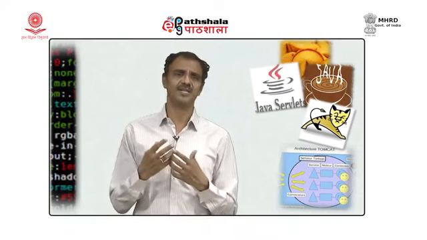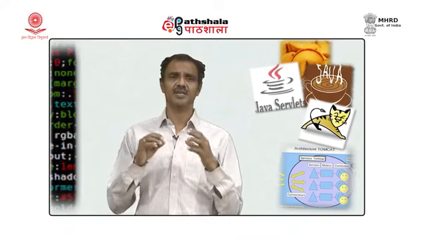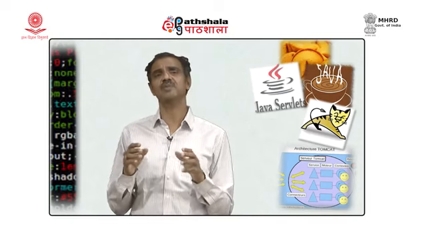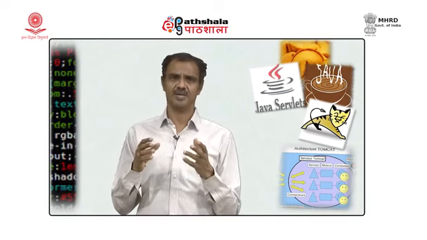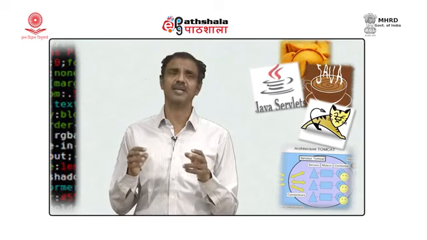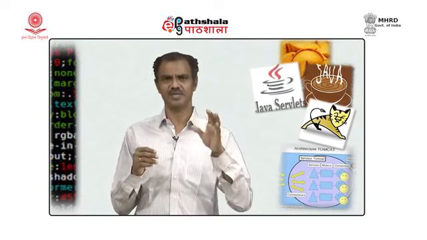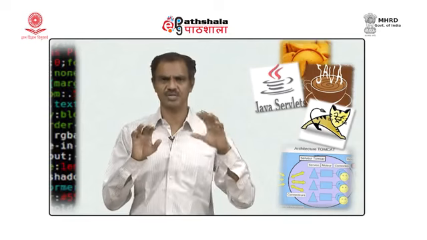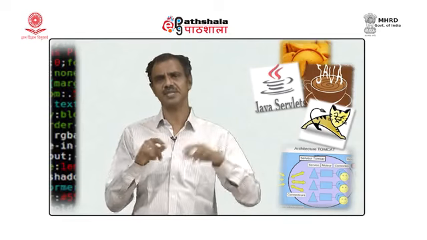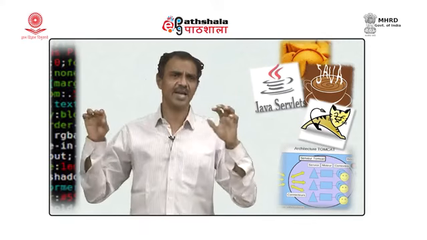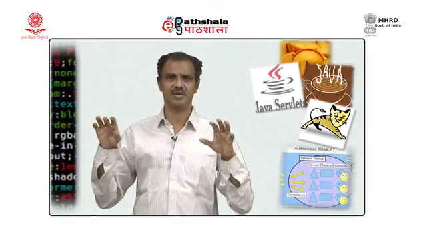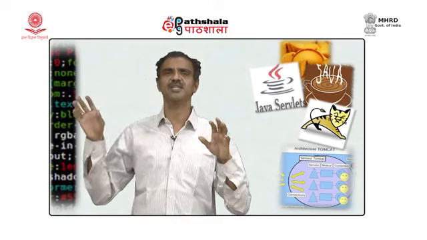So, for that reason, what we have here in JSP is a scripting element called scriptlet. A scriptlet is written as less than percentage, there is no equal to or any other symbol, and then you can include any valid Java code segment and end it with percentage greater than.